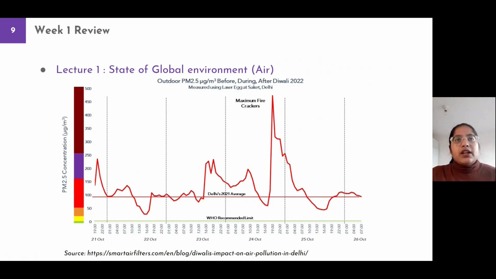Also, it was observed that Diwali 2022 had a considerably lower particulate matter concentration compared to other Diwali events since 2015. So Diwali 2022 was still better in terms of air quality than Diwali 2021 and 2020. This is just an instance of a human-induced activity leading to air pollution, especially as an event based on a particular country.